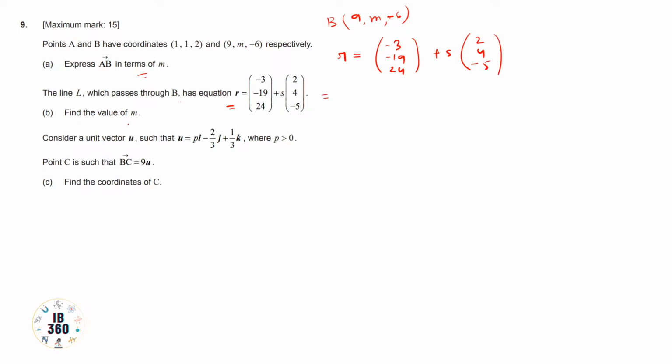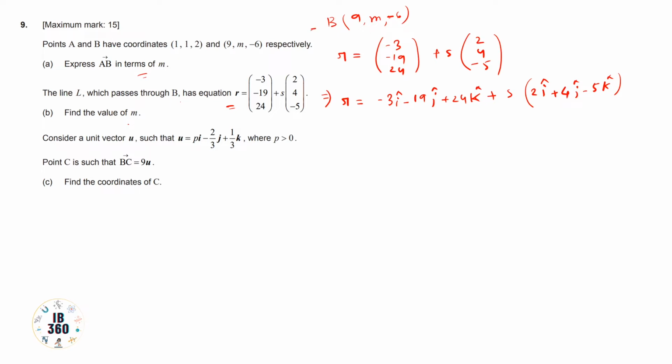So from here you can write it like this: r equals -3i cap minus 19j cap plus 24k cap plus s into 2i cap plus 4j cap minus 5k cap. You can write this in this way also.